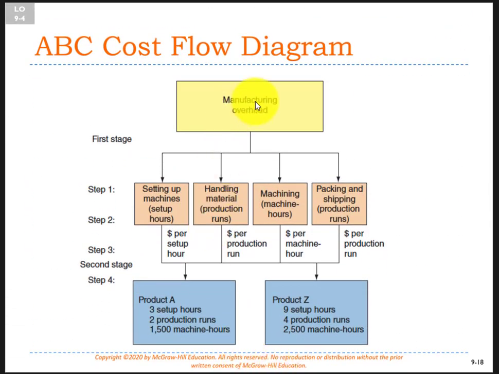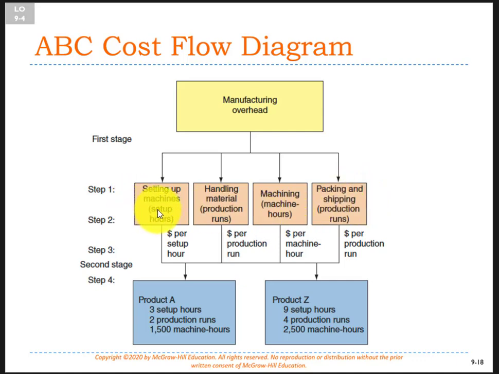So this is how, and notice we're just focused on the overhead. Direct materials, direct labor, still happening the same way we've done it all along. But we have the step 1 where we've identified 4 different piles, if you will, or activities: setting up machines, handling materials, machining, actually doing it, and packaging and shipping it.